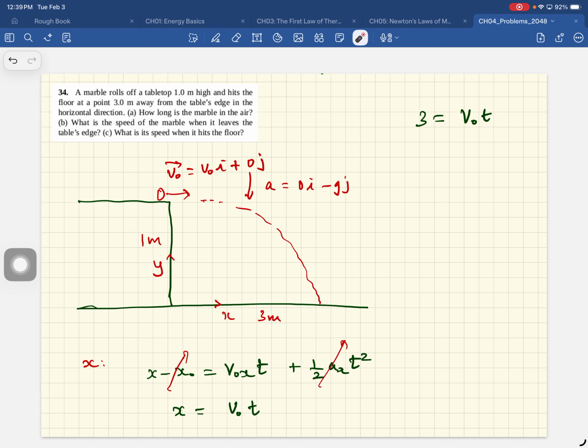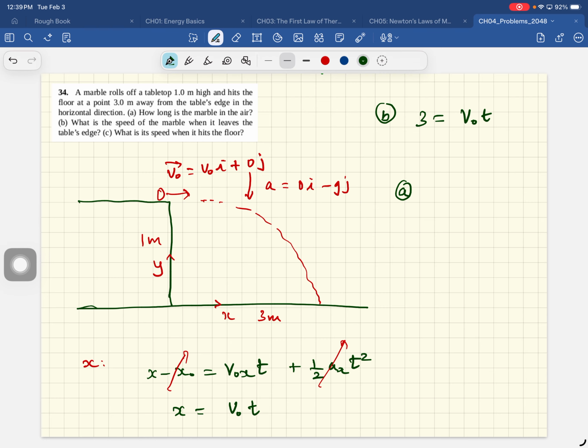Now we want to find how long the marble was in air. Actually we'll find how long the marble was in air by looking at the y motion. So this is part of B. Okay, let's do A.